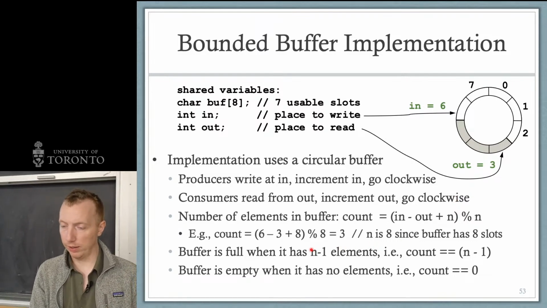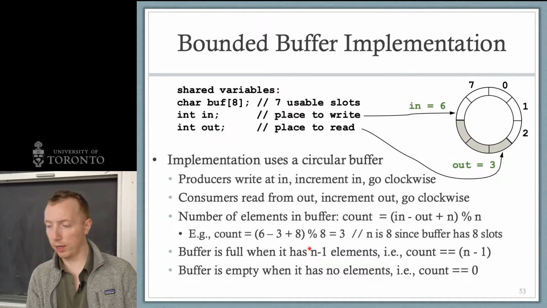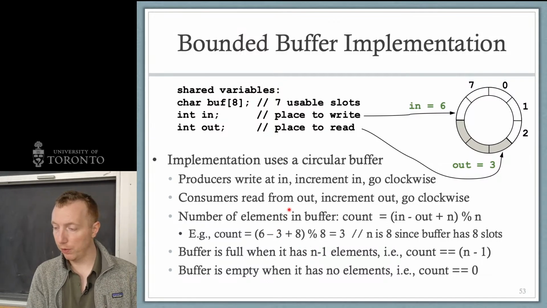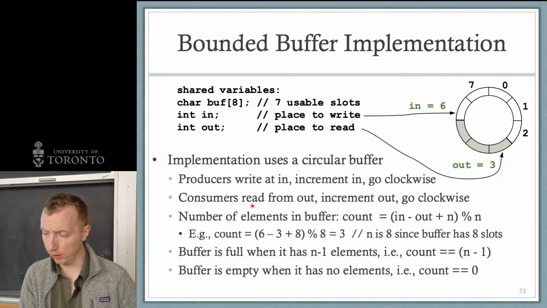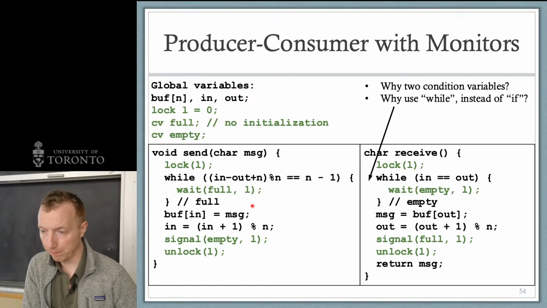So in this case, as shown, there would be 3 used slots that have data in them. The buffer is full when it's completely full of individual elements. You don't have to do an off by 1, and it's empty if there's absolutely nothing in the buffer.